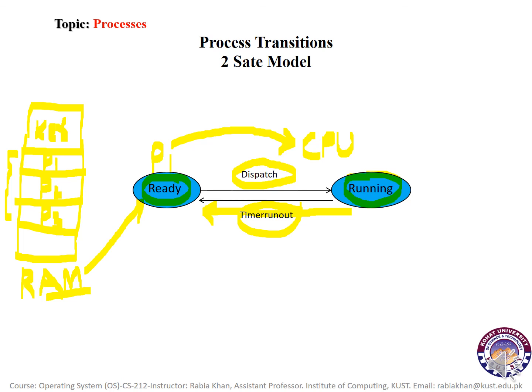So this is a two-state model, a very common model. When a process in the ready state is dispatched to the CPU and the state changes to running, the instructions within the process get executed on the CPU. And when the CPU time allocated to this process expires, the process is forcibly stopped by the operating system due to time runout and is sent back to the ready queue.